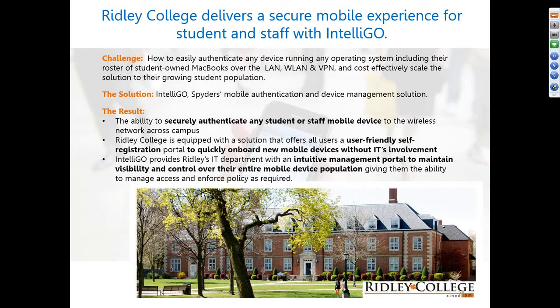You need the capability to provide on-demand VPN if you're going to provide a zero trust network. So a lot of these new models and new capabilities that your tools are providing are really enabled by IntelliGO. It really provides you the capability to make sure you know who and what is on your network and help protect them from malicious code and other types of vulnerabilities.